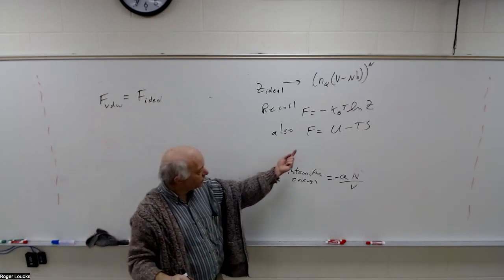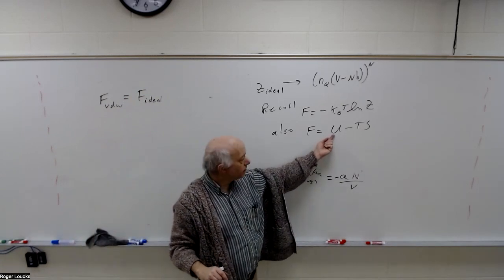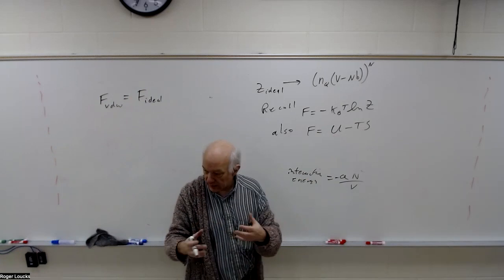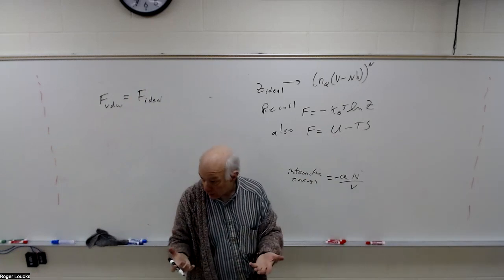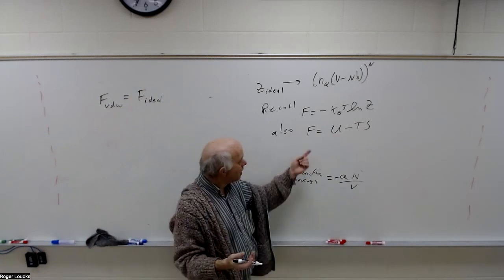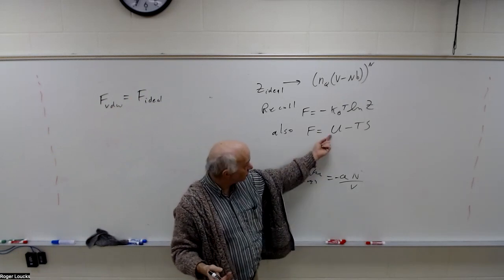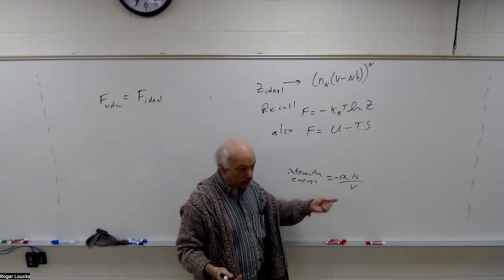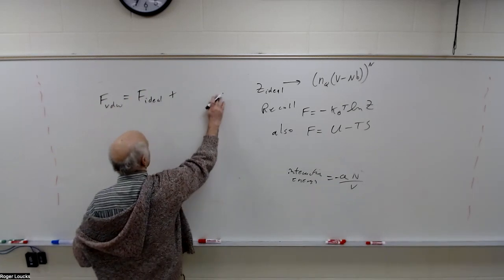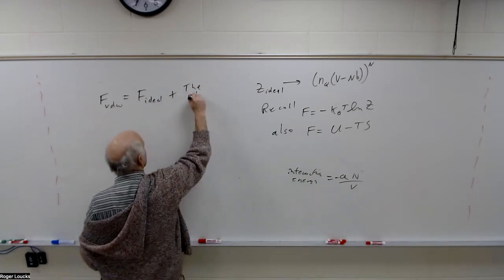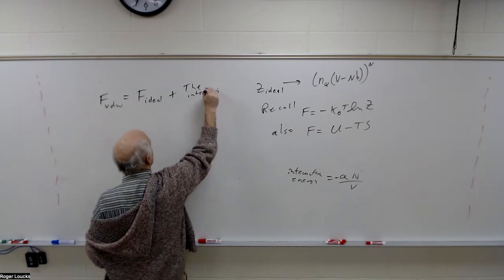Now, normally the U for the ideal gas would only have the kinetic energy, the ideal part. But now we have this interaction energy. Since it just comes in here, I'm just going to tack it along here. So plus the interaction energy between particles.